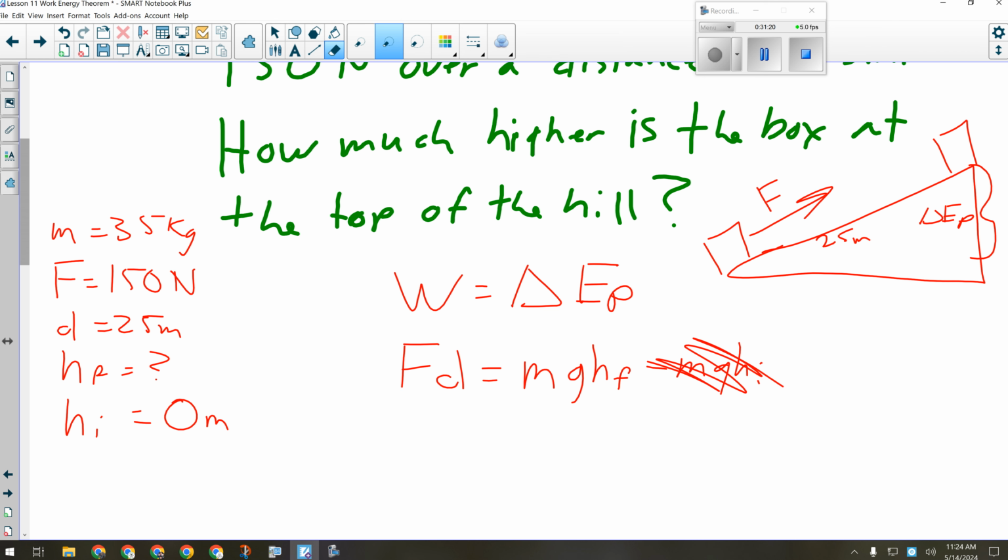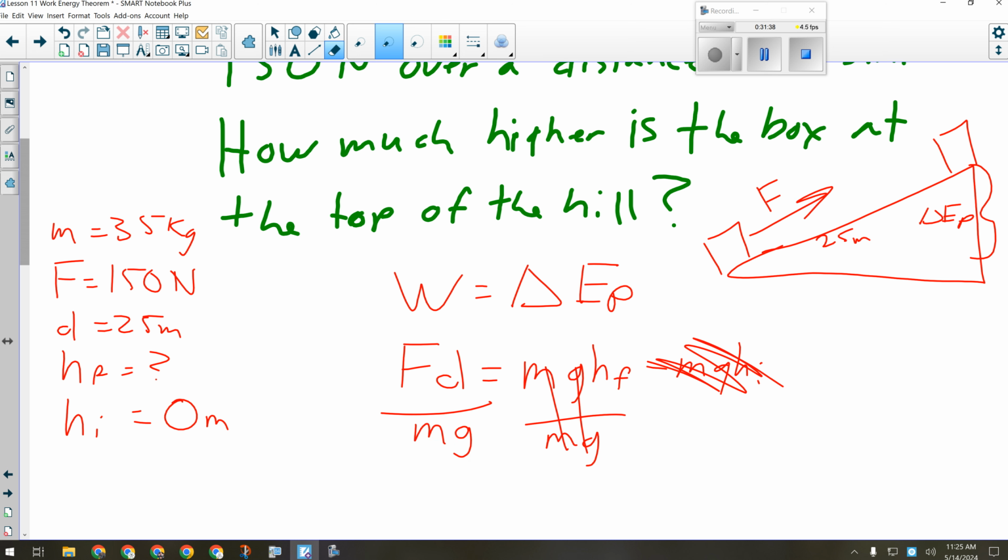Exactly. Subtracting 0 doesn't change your mathematical operations, so we can get rid of that. I just want to find the final height. What do I have to move? M and g, yeah. So all I'm doing is dividing m, g over to the other side.